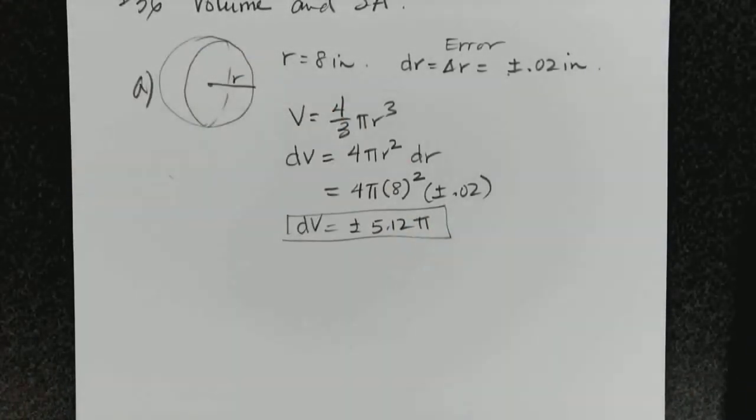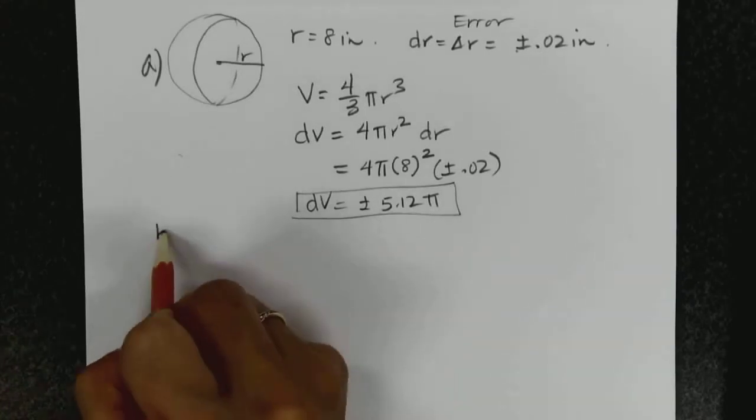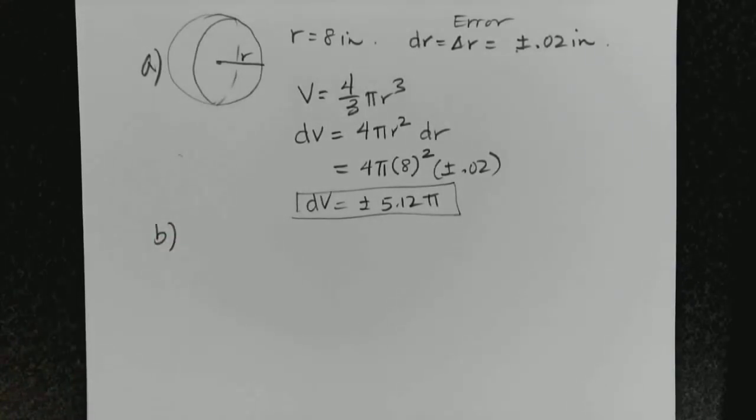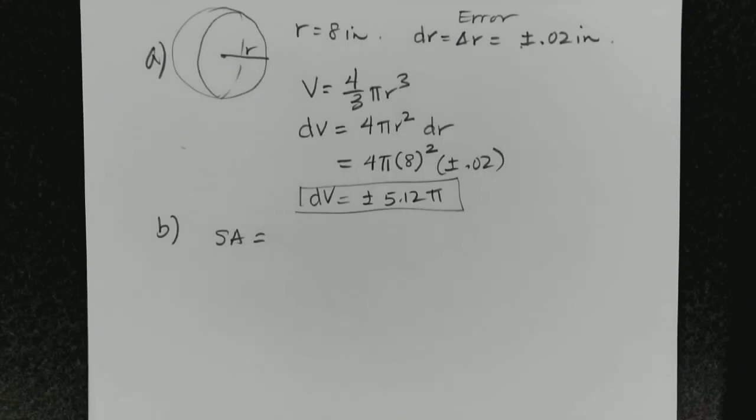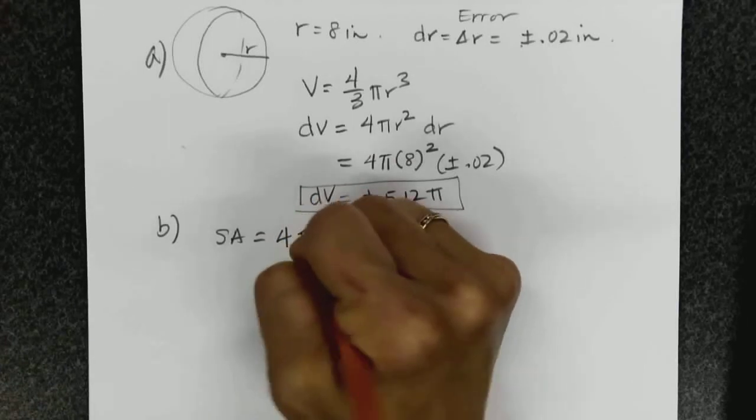So now let's do the surface area. Using the differential to approximate the possible propagated error for computing the surface area of a sphere. Well, how do you find the surface area of a sphere? You guys remember? 4 pi r squared. Thank you.